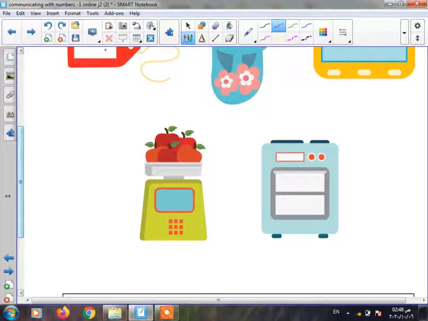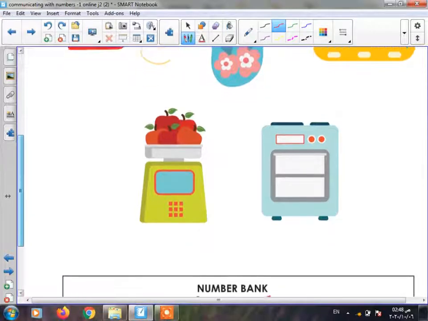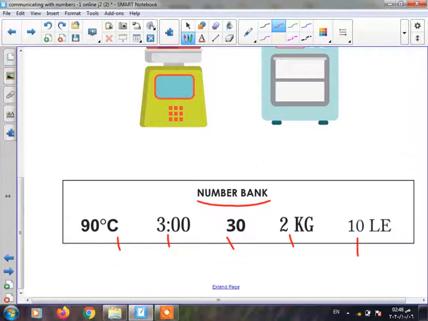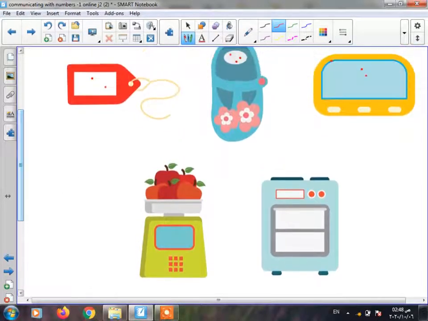I will put each number where it belongs. The first one with me, number 1, is 90 degrees Celsius. Can this number belong to this sun?